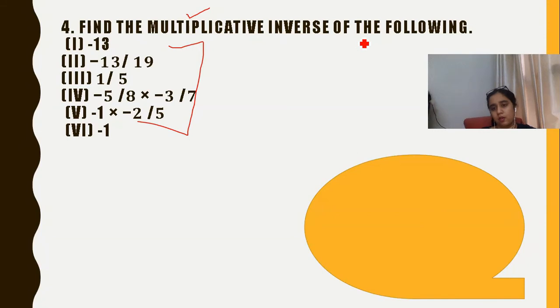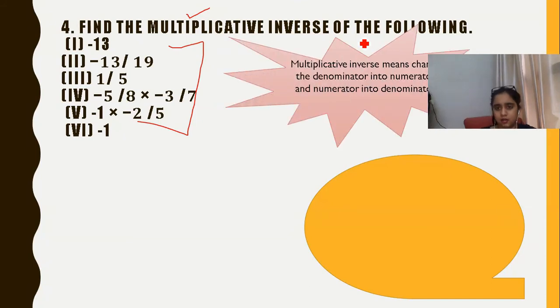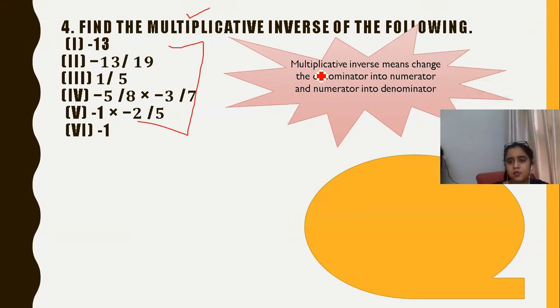Multiplicative inverse means we just change the numerator value into the denominator and the denominator value into the numerator. Just like we will solve the question, then you will get to know more. We will do the first part of question number 4, then you will get to know more about this.